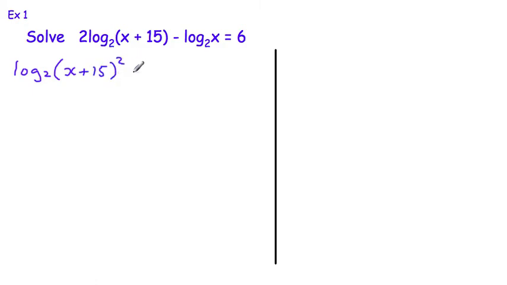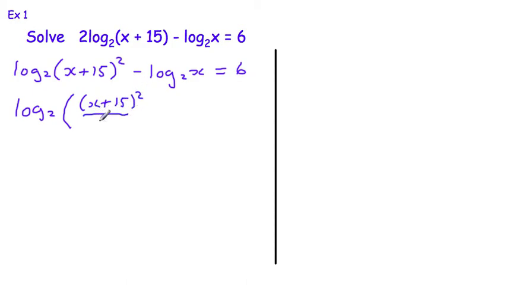So that minus log x is equal to 6. Now I can say log of a minus the log of b is the log of a over b. So I can write this as a single log on the left hand side, log to the base 2 of (x plus 15) squared divided by x is equal to 6.